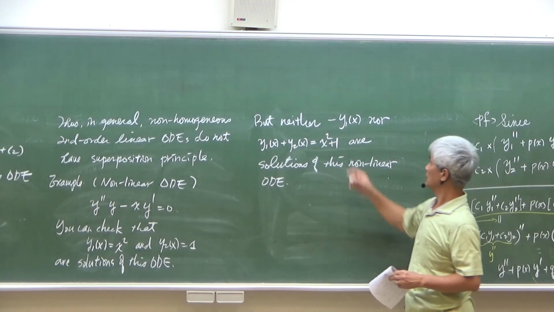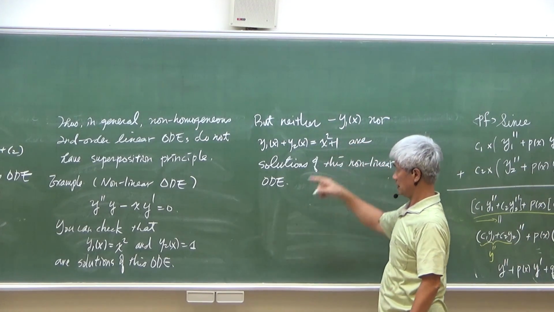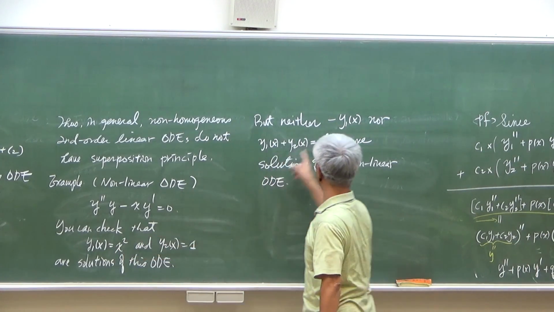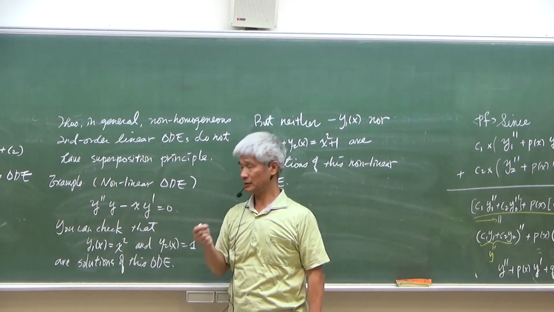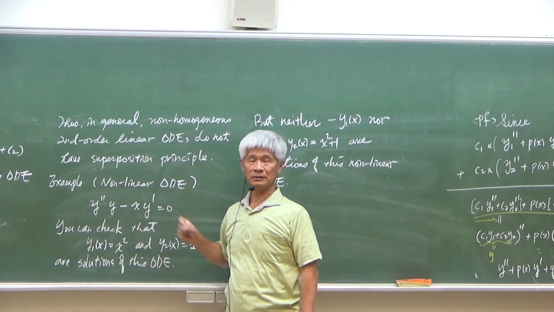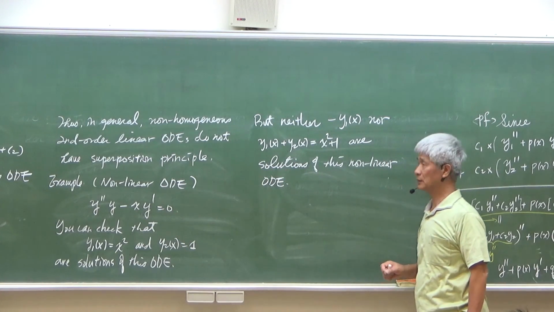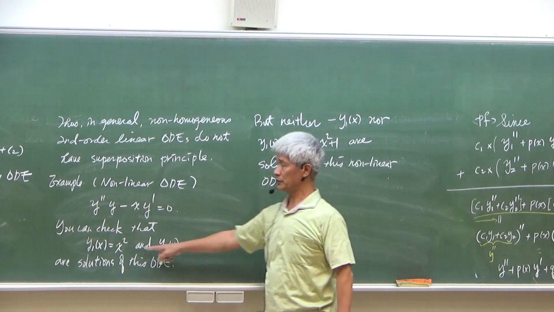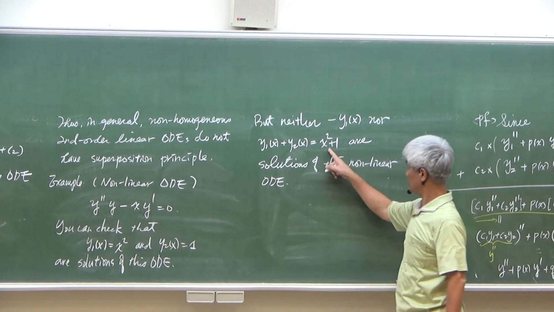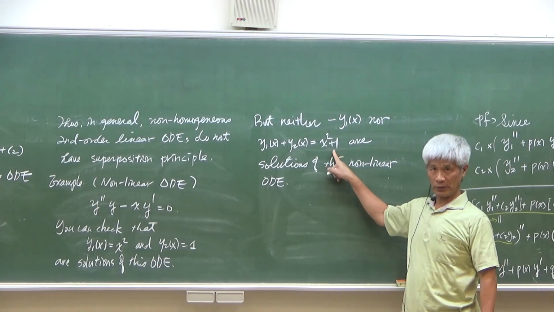Okay, so even though you multiply y1 by minus 1, you can see minus x squared is not a solution of this ODE. Or you can add these two solutions together, which is equal to x squared plus 1.